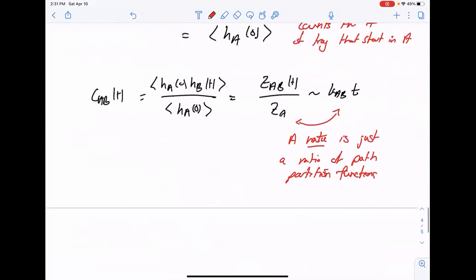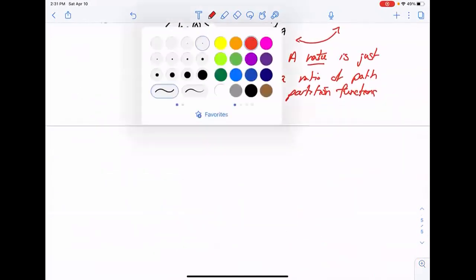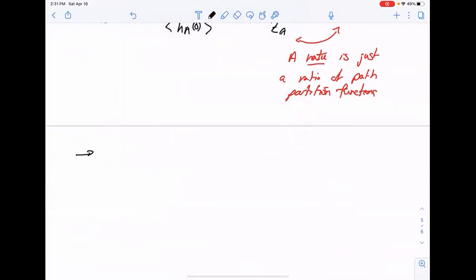Perhaps more provocative, is to consider the analog of a reversible work, but in path space. In equilibrium, as I've just reminded you, ratios of partition functions are related to changes in free energy. Free energies are the reversible works associated with some transformation.